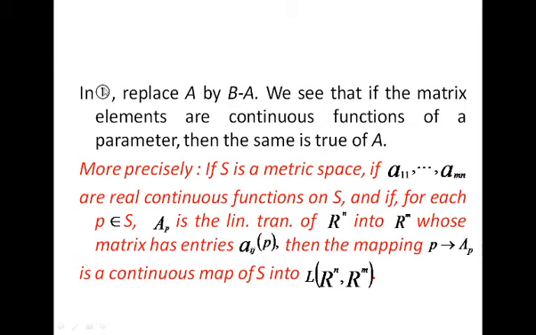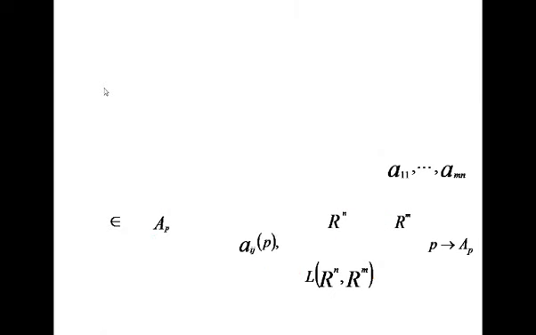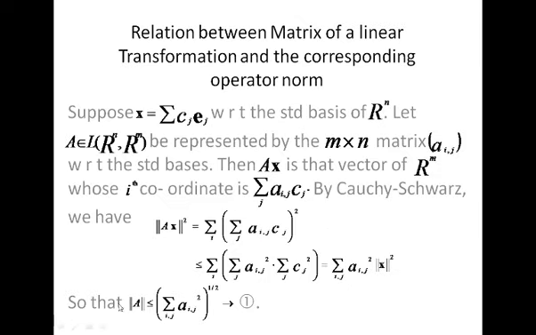So let us again go through inequality 1. First I am replacing A by B minus A, then again replacing A by Ap and B by Bp. So what will I get? Norm of Ap minus Bp is less than or equal to sigma over i, j of (aij of p minus bij of p) whole square, whole to the power 1 by 2.